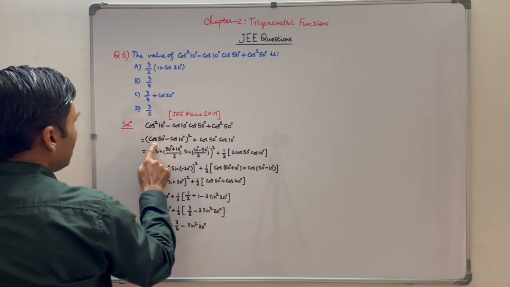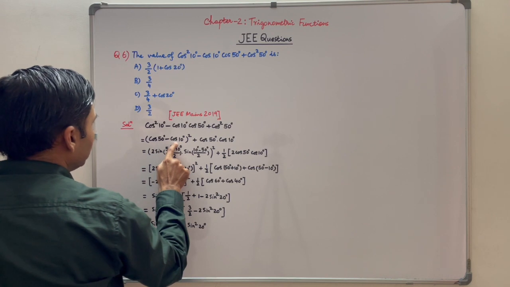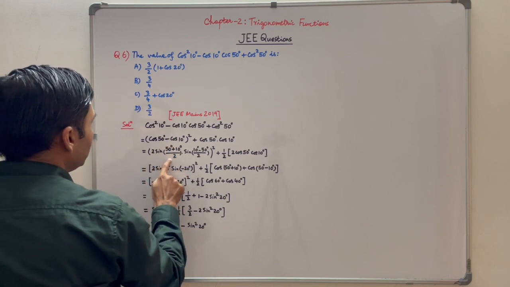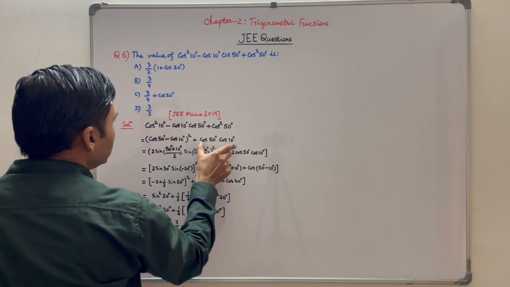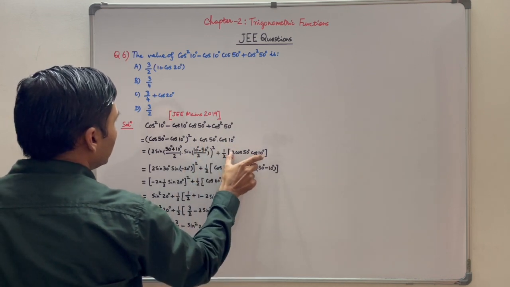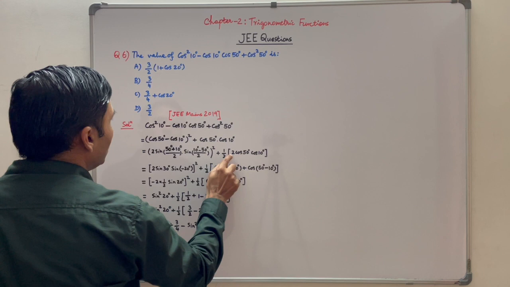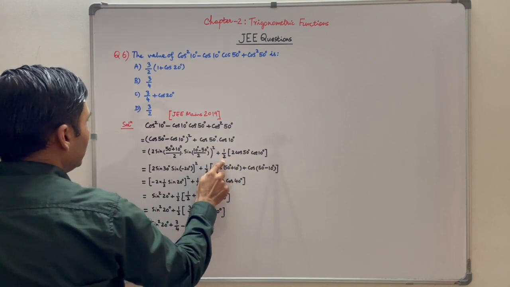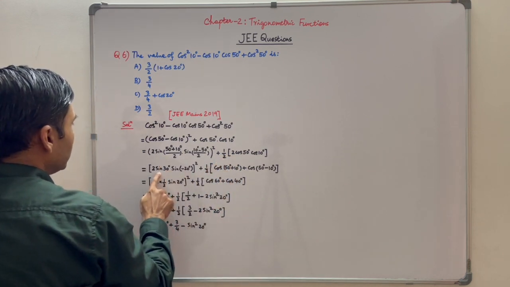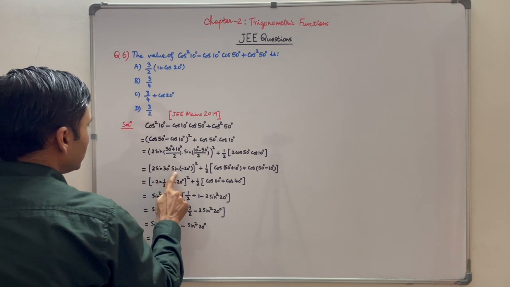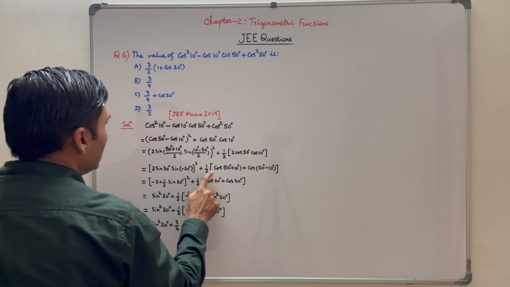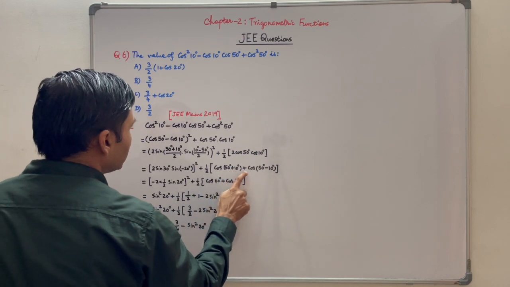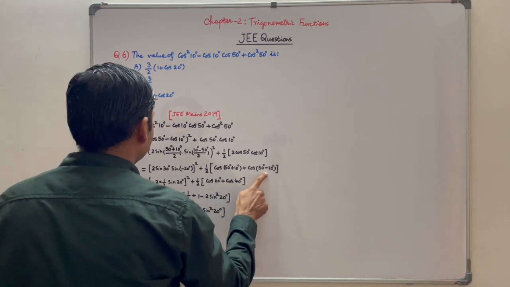Now this is in the form cos C minus cos D, which is equal to 2 sin((C plus D) by 2) into sin((D minus C) by 2). And this can be written as 2 cos a cos b by multiplying by 2 and dividing by 2. So value of this comes as (2 sin 30 degree into sin minus 20 degree) whole square plus 1 by 2 (cos 60 degree plus cos 40 degree).